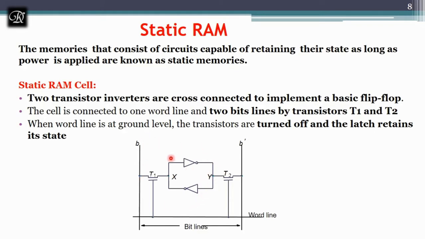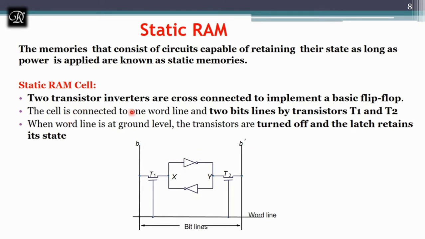The design of a static RAM is with the help of two transistors and a basic flip-flop circuit, where you can notice the transistors are connected to the word line and the bit lines. The bit line B has B and B complement. Like if it is a 0, the B complement will become 1.